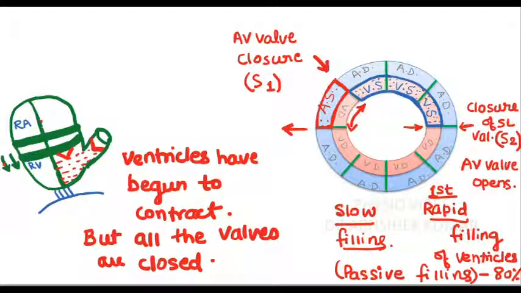Means the ventricles have begun to contract, but the blood is not getting ejected from the ventricles because of the closure of the valve.